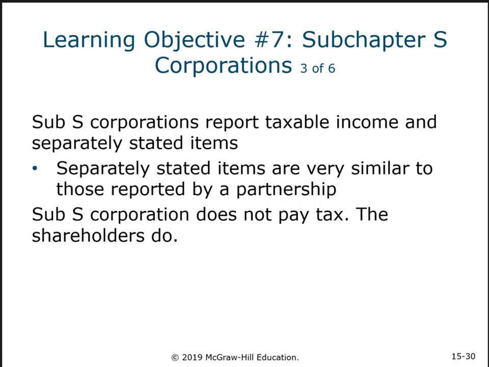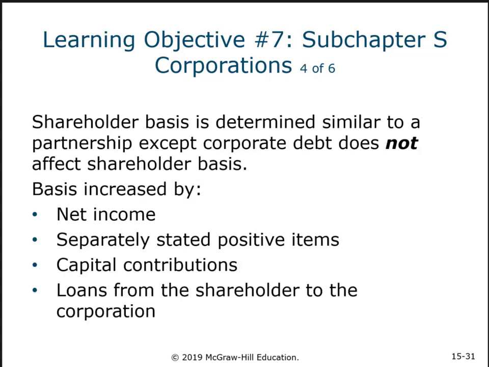So if the Schedule K shows that the corporation made $50,000 and the shareholder owns 50%, then that $25,000, or 50% of that, would go on the K1 for that shareholder.